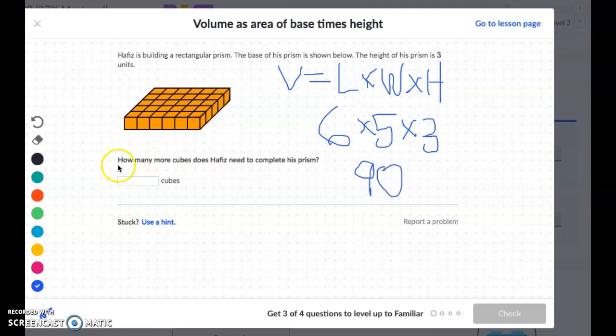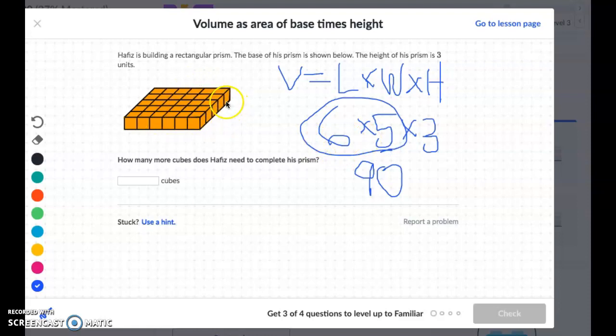Okay, now the question here though says how many more cubes does he need to complete his prism? Well, right now he has 6 times 5 cubes, so he has 30 cubes in this first layer.